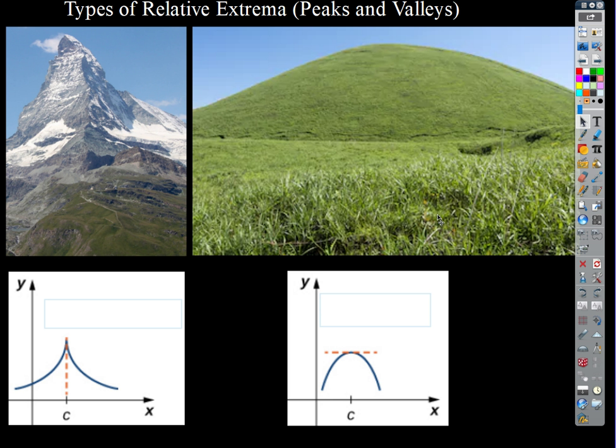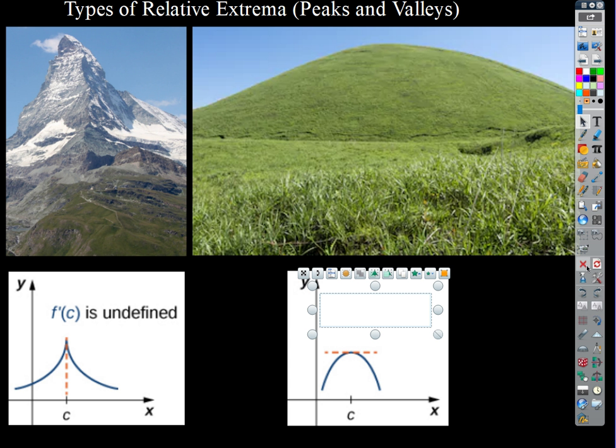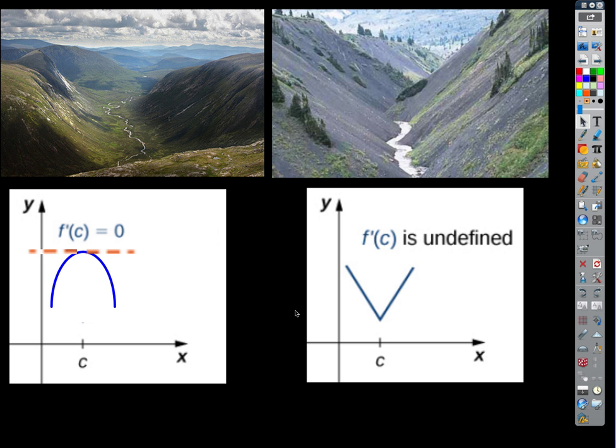We could also see the same thing, and this was an example where we had an absolute value function. Here's an example where the derivative was undefined because we had a sharp corner, and here's an example where the derivative equaled 0 at c, right? We had a horizontal tangent line. And of course, we can see the same thing for valleys, right?